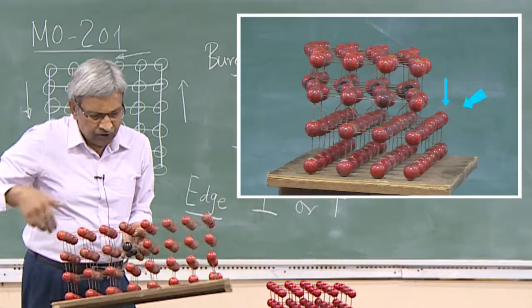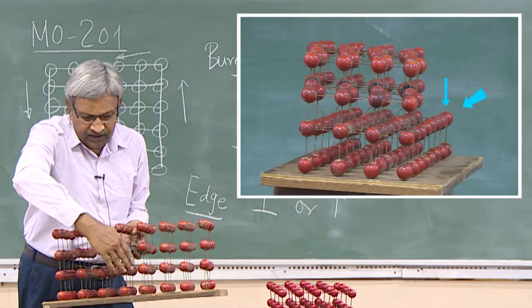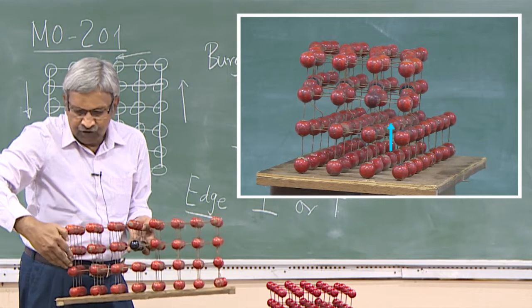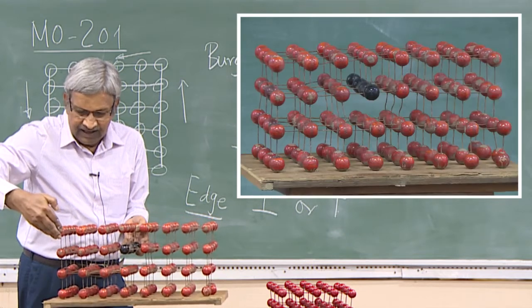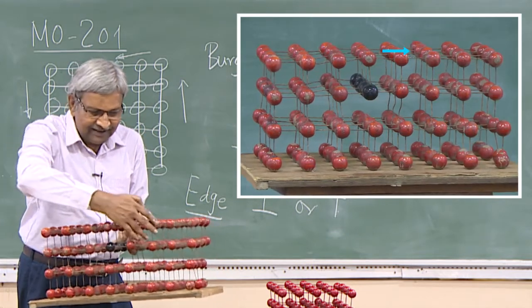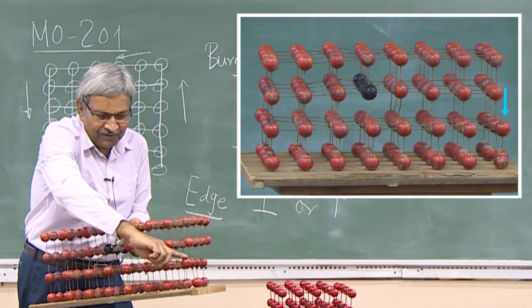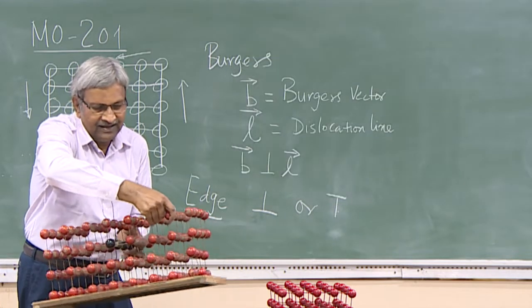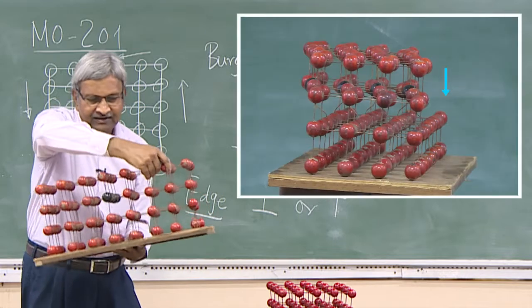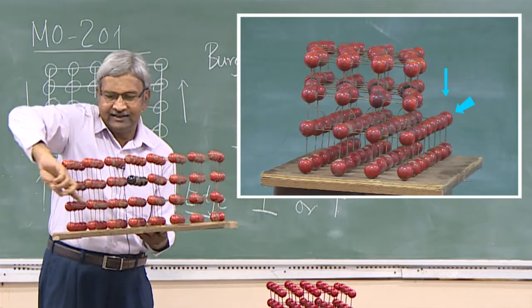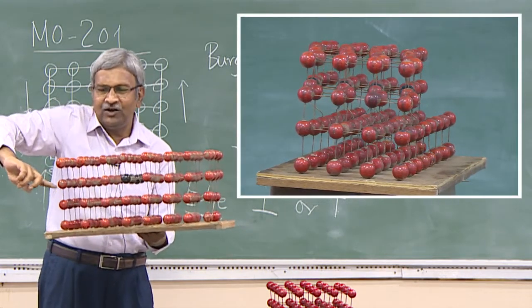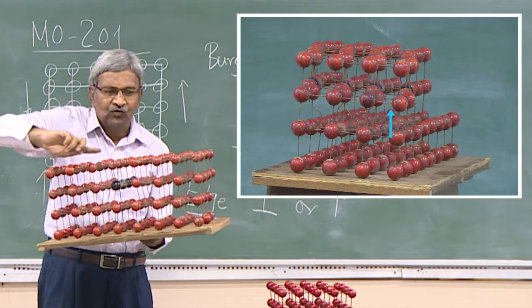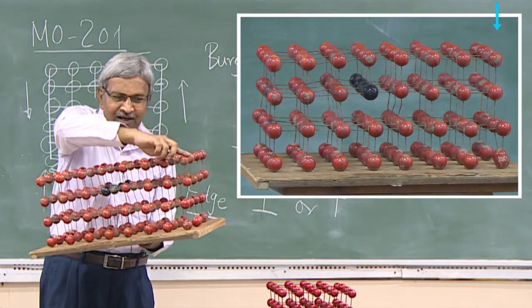In case you want to count like this, you go up, and when you keep counting like this, you started from here, you come back to this layer. Is that correct or not? See, you have started like this and gone up like this. When you are going like this, you have come back to this place.